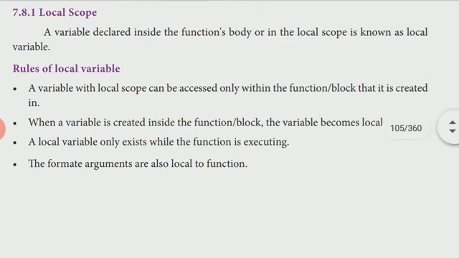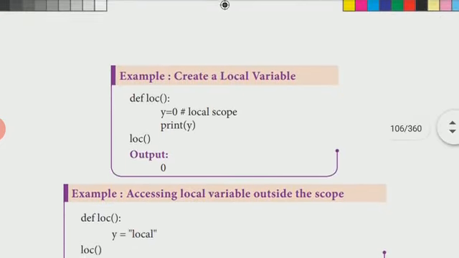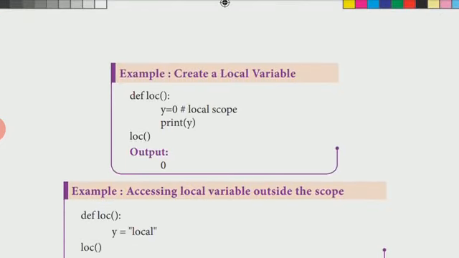Local scope is the variables we declare inside the function. That is called local scope, that is, within the function. See here in this example, def local. Local is a function. In that function we are using y equal to 0.